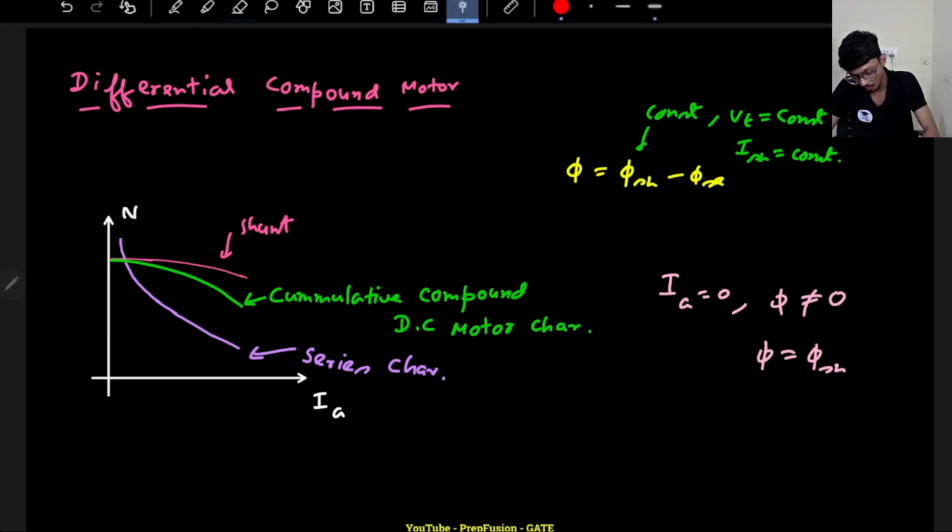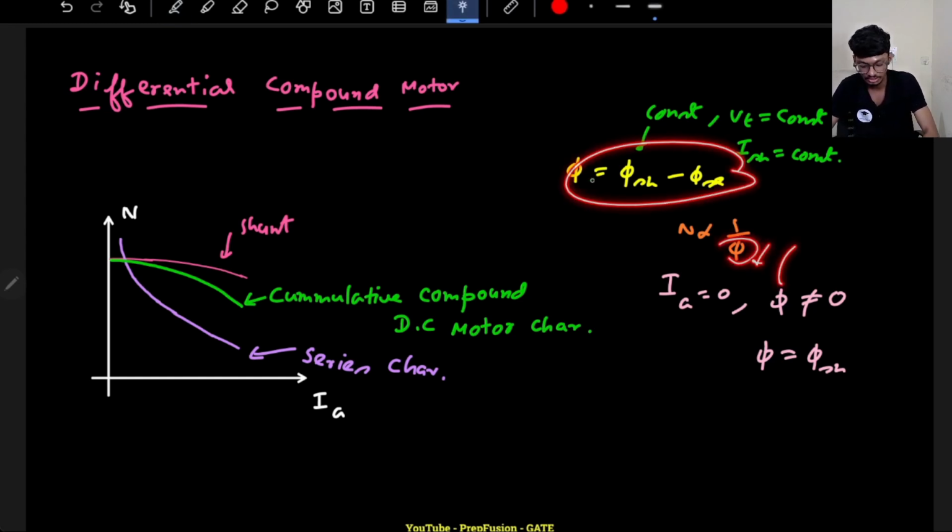What will happen? The flux will reduce, and if the flux reduces, what is my speed proportional to? Speed is inversely proportional to flux. So if my flux reduces, the speed will increase.